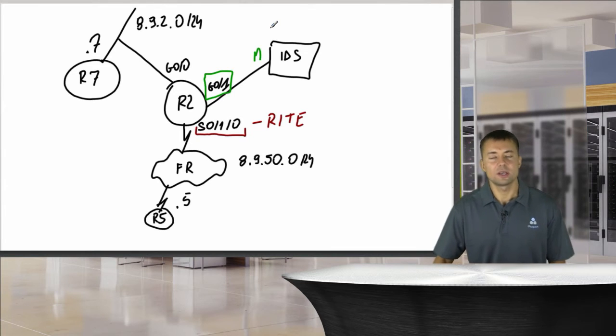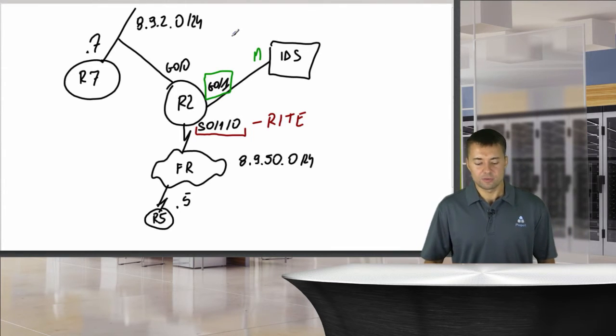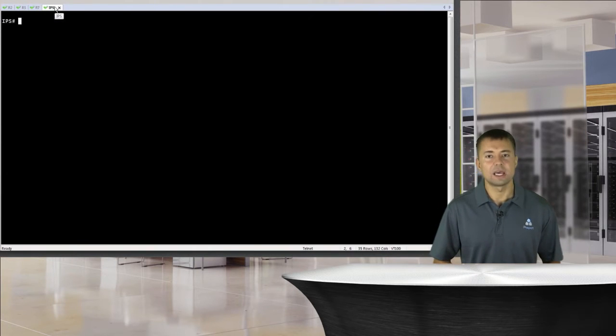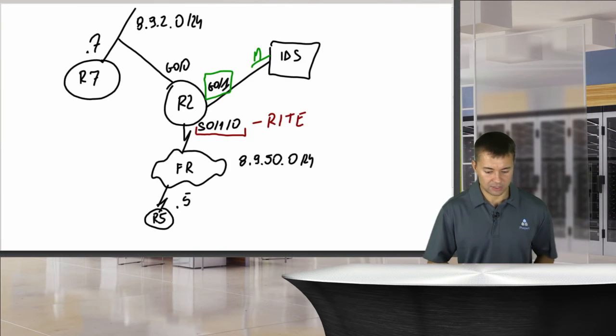So management interface and Giga1, they are in the same layer 2 network. The question is, what is the MAC address of this management interface of my IDS? And there is actually a command you can use to check this out. Show statistics host. So this is what tells me about the MAC address of my management interface. So this is management 0/0.